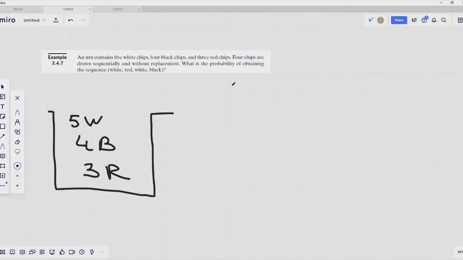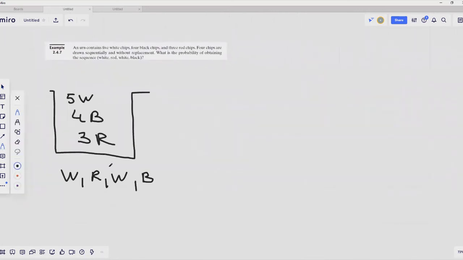What is the probability of obtaining the following sequence? White, red, white, black.